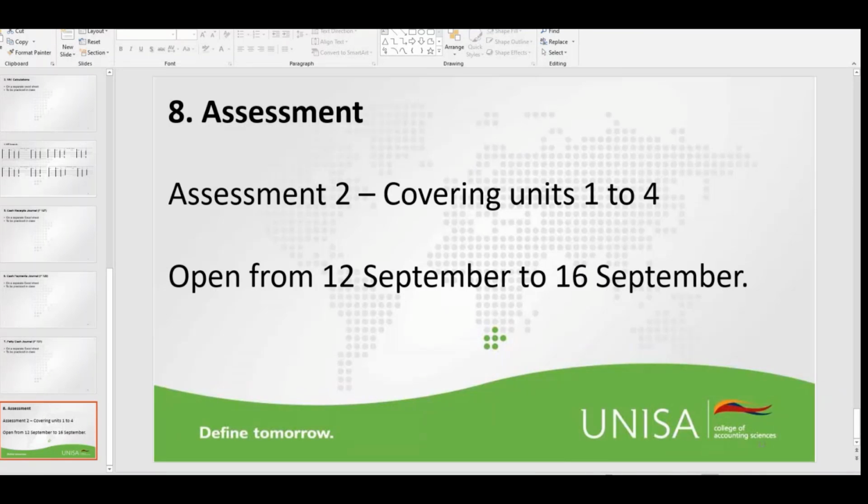So the assessment is coming, colleagues. I think this is one of the very few that will be a little bit difficult. But remember, the assessment is not there to trick you. It is there to assess how good you are at understanding the concepts that we have learned.